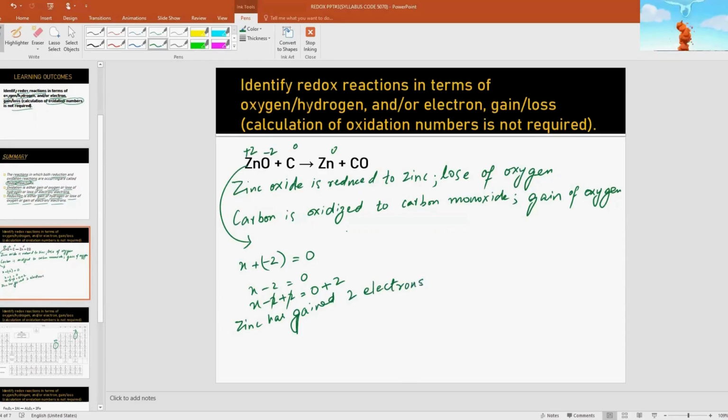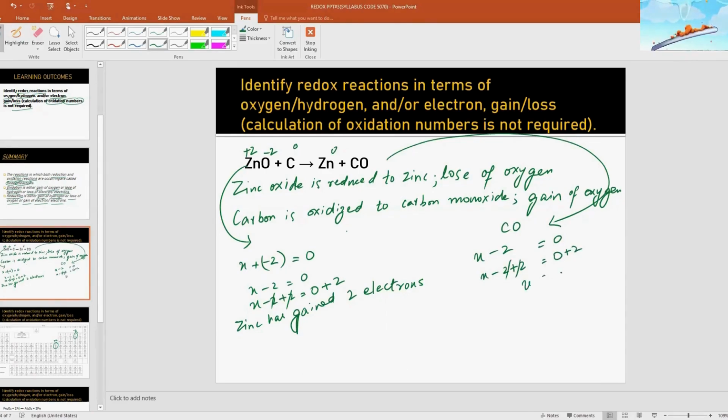What about C? C is oxidized. Let's work it out in terms of electrons. We know that C carries 0 charge on the reactant side, but on the product side, we have to work out the charge on C by looking at the charge on oxygen, which is -2. So for CO, the overall charge is 0. For C, I will write x. Oxygen carries -2, so x - 2 + 2 = 0 + 2.